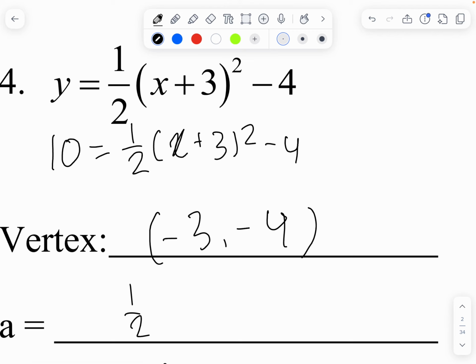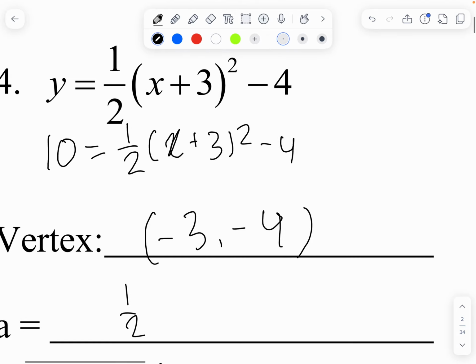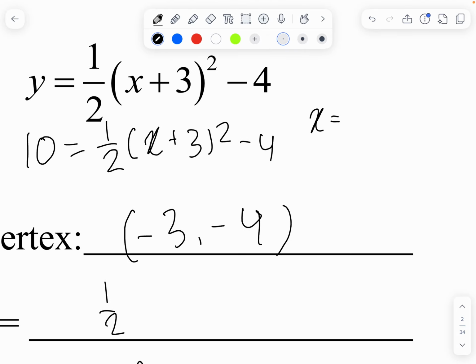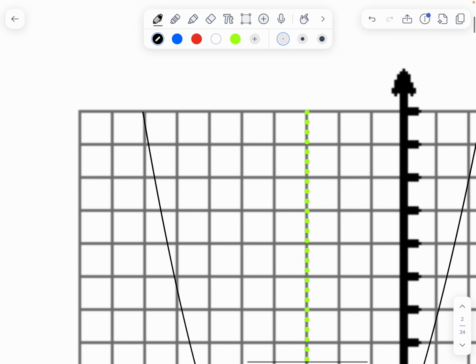Right, and then what's the value of x? So x equals negative 8.29. So where is that? Here.